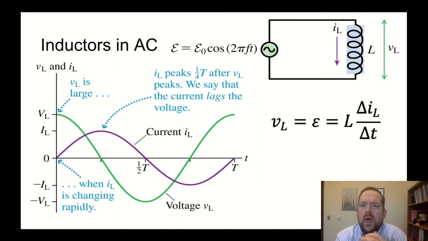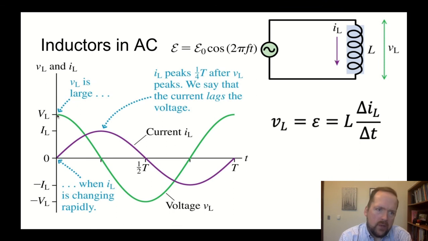But we actually have this relationship now that the voltage across the inductor is largest when the current change is the largest, and the voltage would be the smallest when the current change is the smallest as well. And so the current changes in the same fashion that the voltage does, but when we start out and we have a large voltage, we actually have a zero current to start.